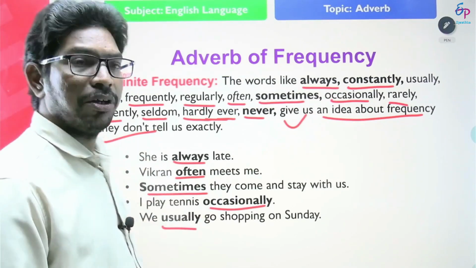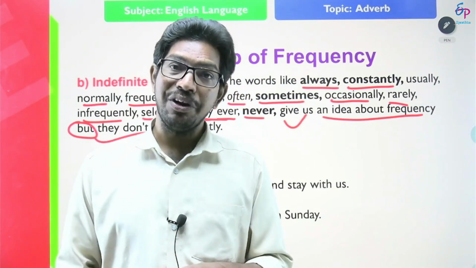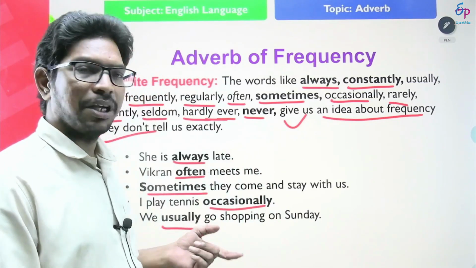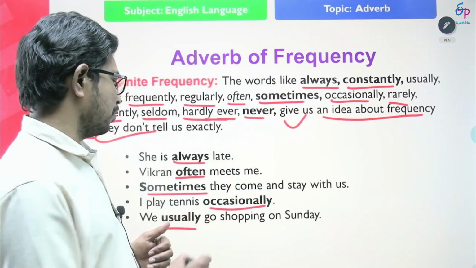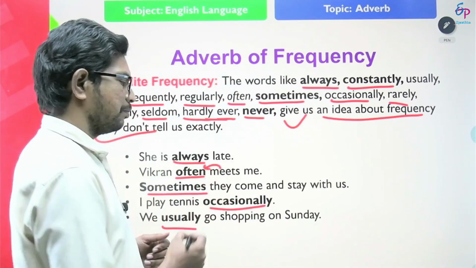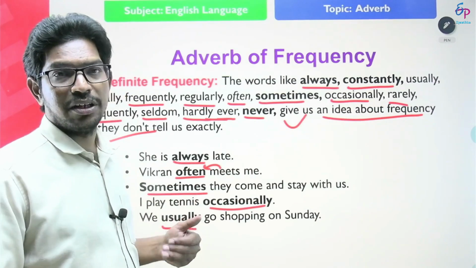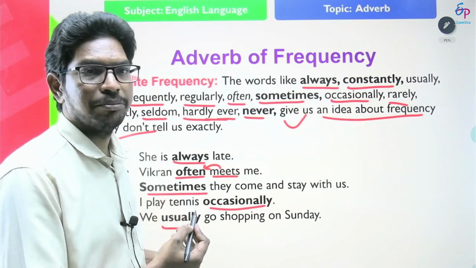So these are adverbs of frequency. And always remember, adverbs of frequency are placed before the main verbs in a sentence. Some adverbs come at the beginning or at the end of the sentence. Most of them come before the main verb. Often, always, seldom, never, they go before the main verb, after the helping verb.